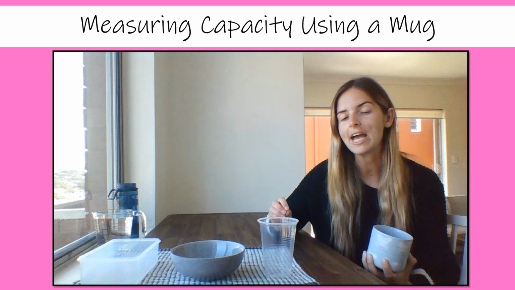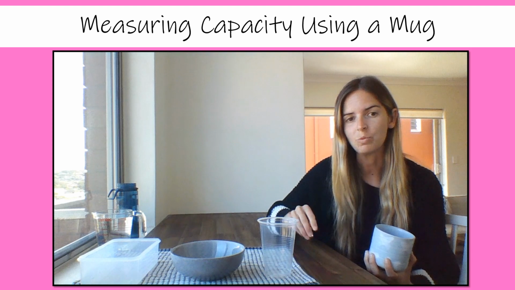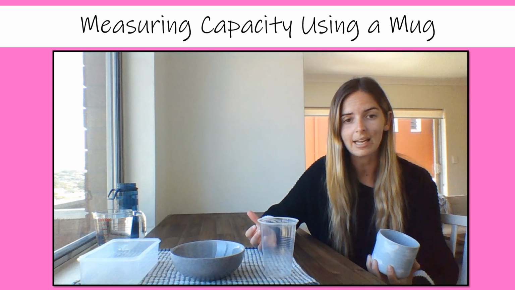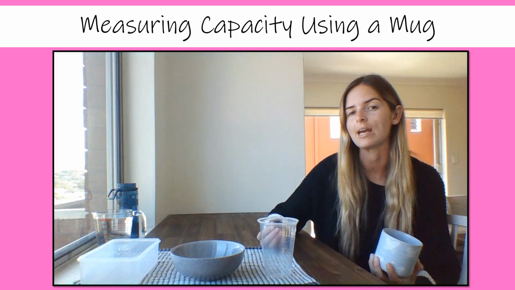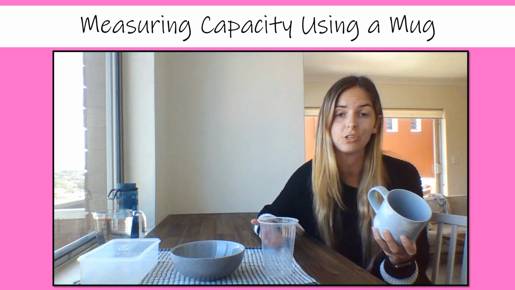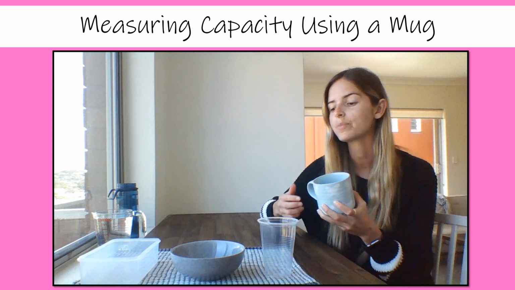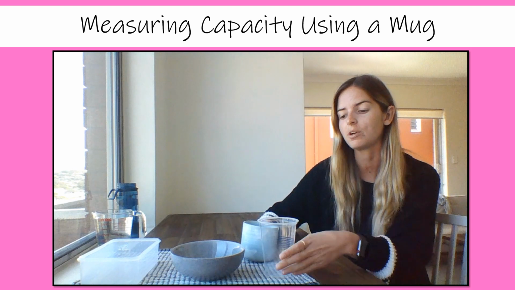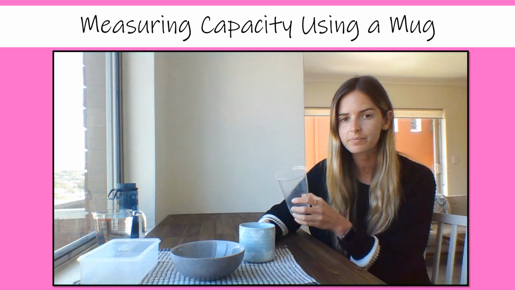But before we actually measure these objects, we need to estimate how many we think. So when we estimate, it means that we're having a sensible guess. You need to guess how many mugs of water, or when you do it, how many plastic cups of water will fill these objects. Now the first one I'm going to do is the plastic cup.